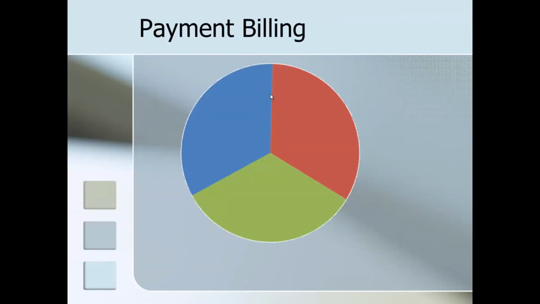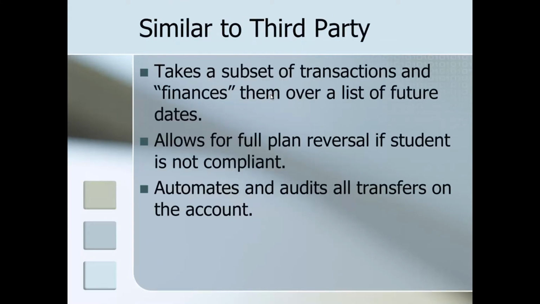The payment billing system, which is a little pie chart on the screen that you'll see, basically allows you to take a subset of transactions on the student's account and finance them over future days. So you may have a system where you say, okay, you're allowed to take your tuition charges and pay them over 6 months.